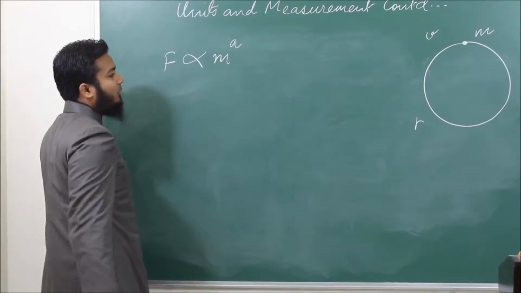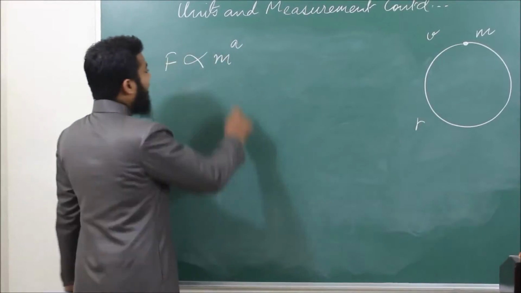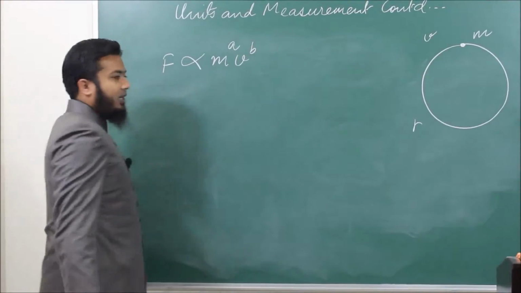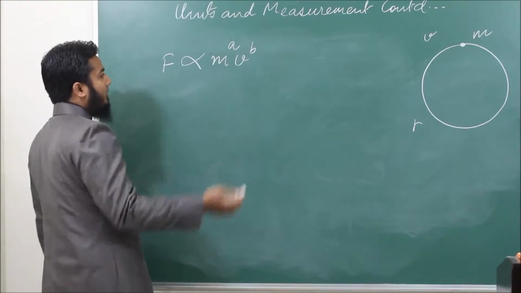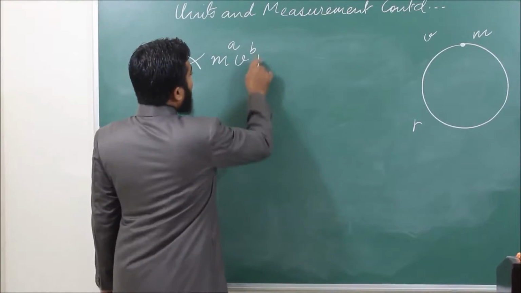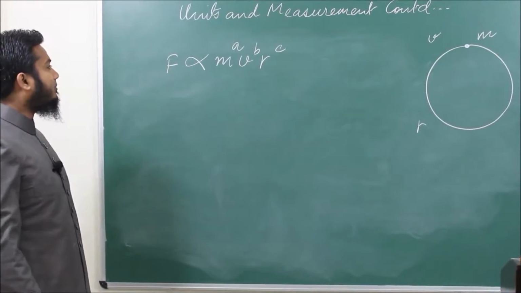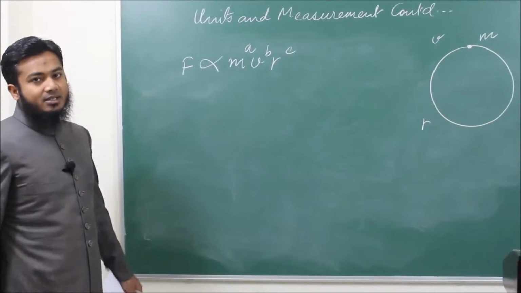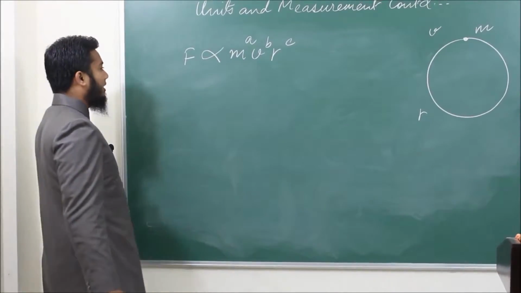We don't know the value of a now. And v to the power b, let's say it depends also on the speed, but which power we don't know, so I put a number b there, and also on the radius, so let's say r raised to the power c. Now the dimensional consistency says left hand side and right hand side both should have same dimensions.